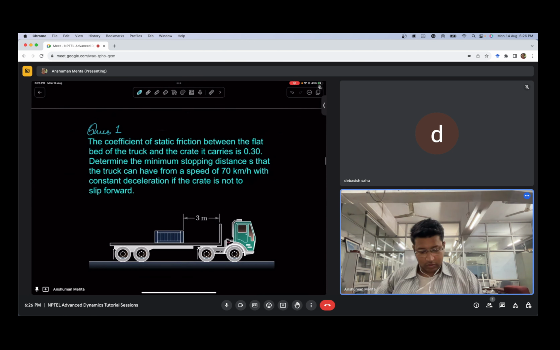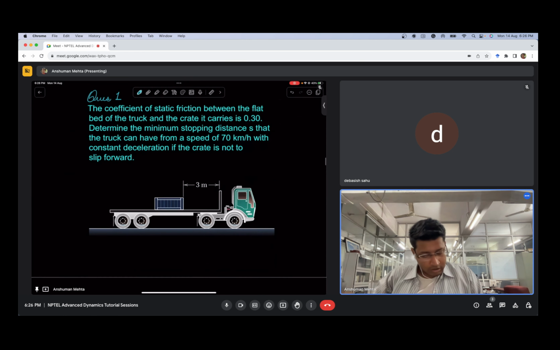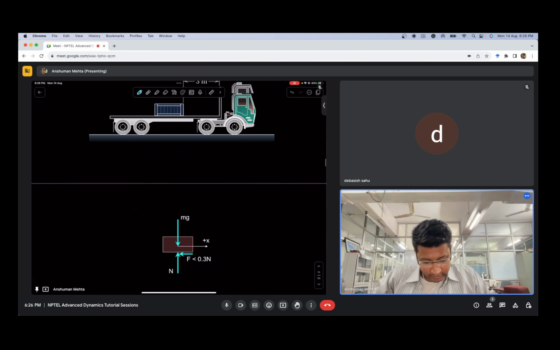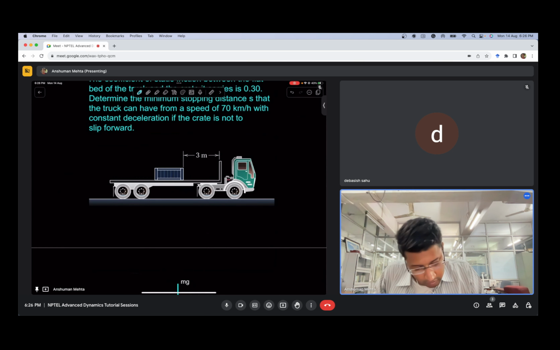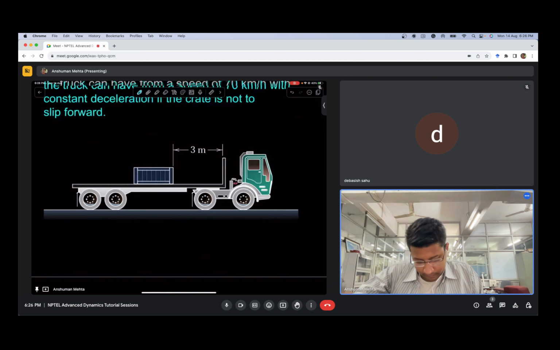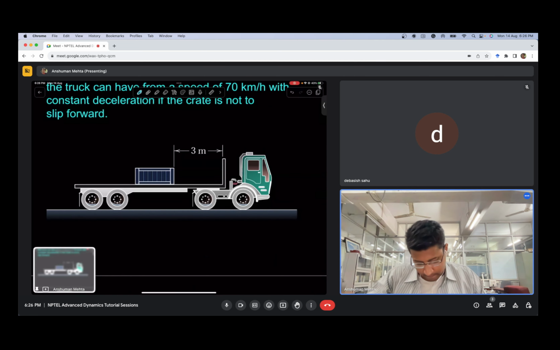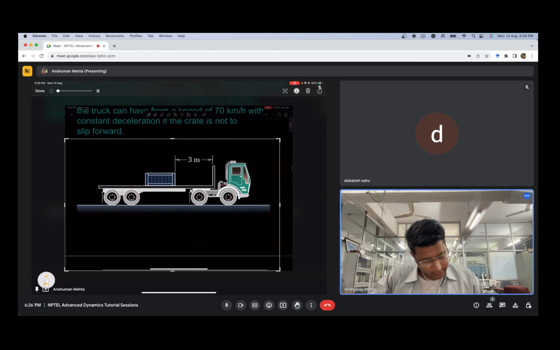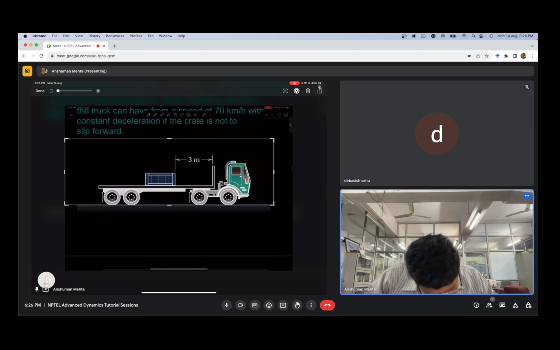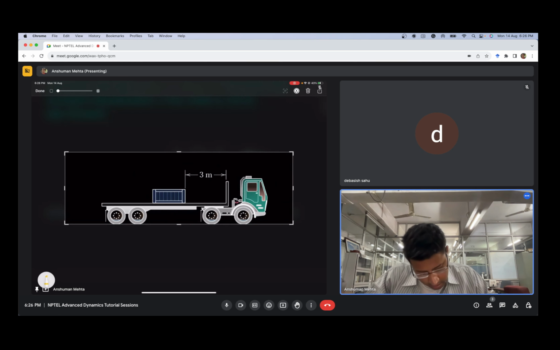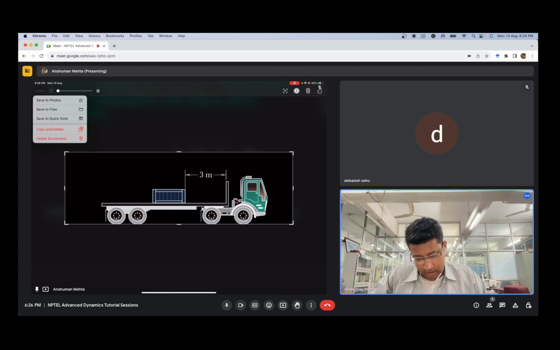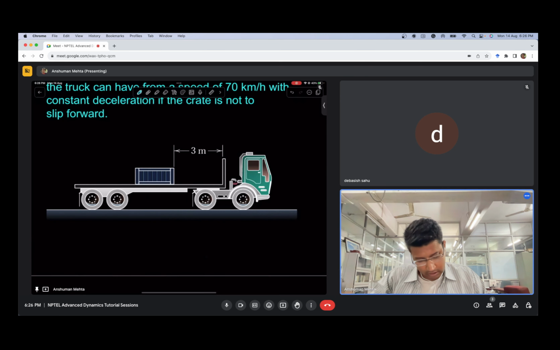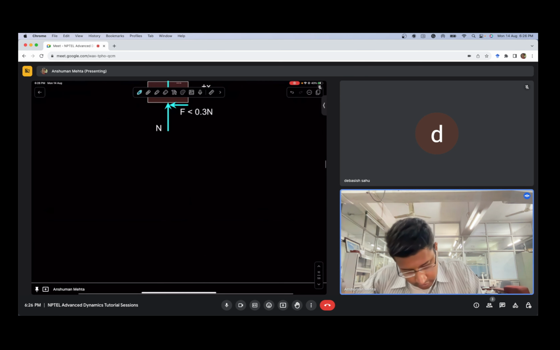So let's first study the whole scenario. We have this truck, and first let's draw a surface.